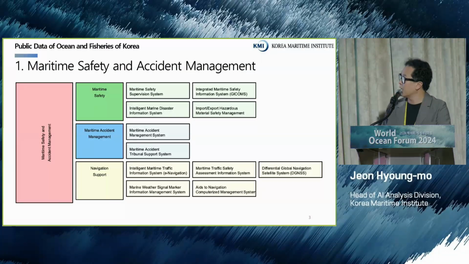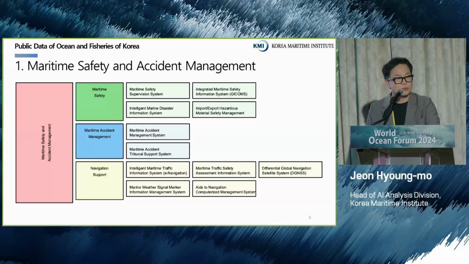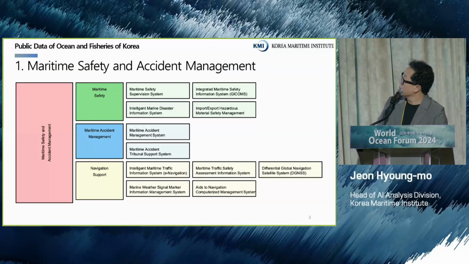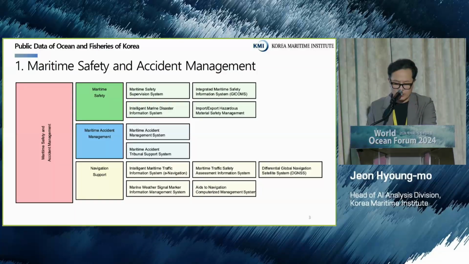First is maritime safety and accident management. There is a safety part, an accident management part, and a navigation support part. In each system, partly it is open, and partly it is used internally within the MOF. We have GCOMS, the Integrated Maritime Safety Information System, for public use.